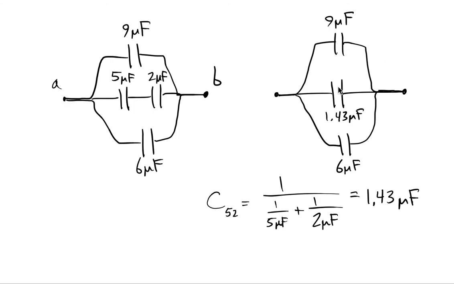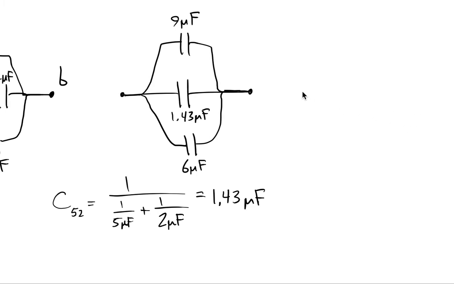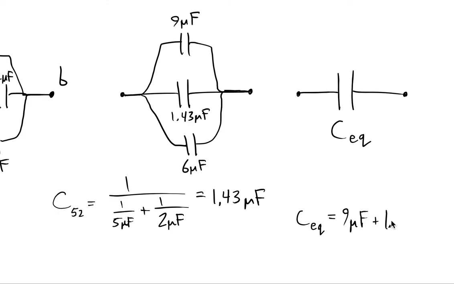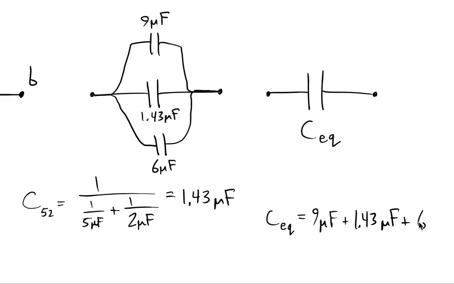Now we see that these 3 capacitors are in parallel, so we'd like to combine them into one single capacitor. And we'll call that CEQ. The rule for CEQ here will be 9 microfarads plus 1.43 microfarads plus 6 microfarads.